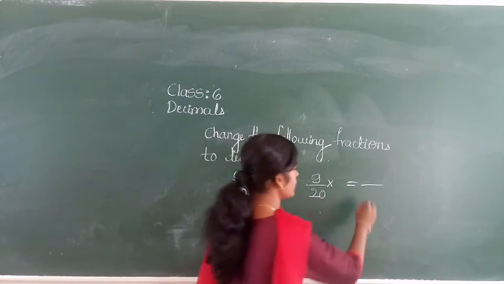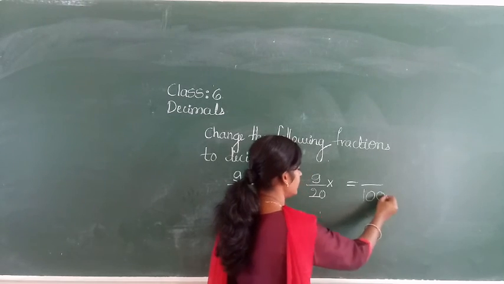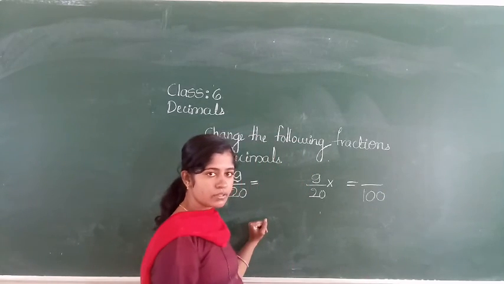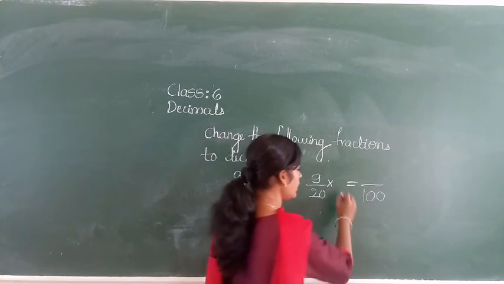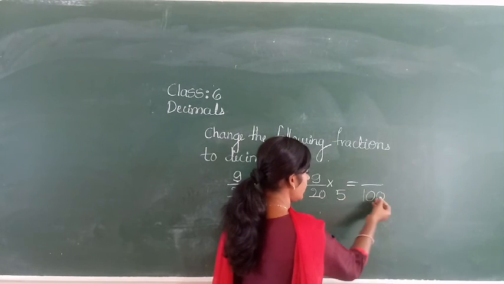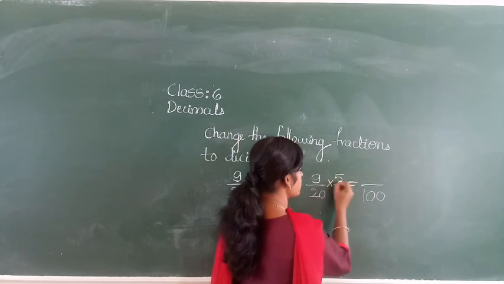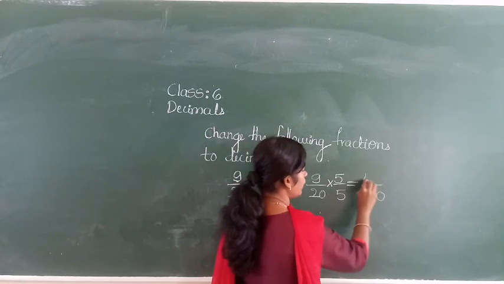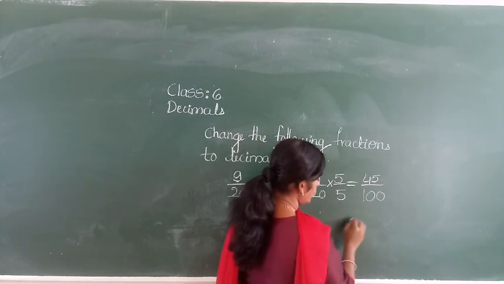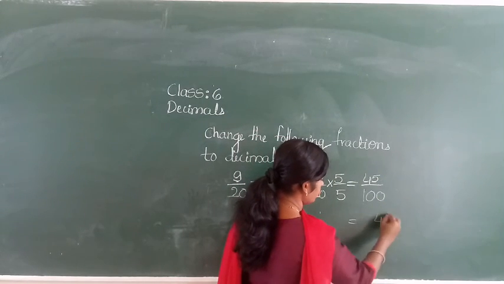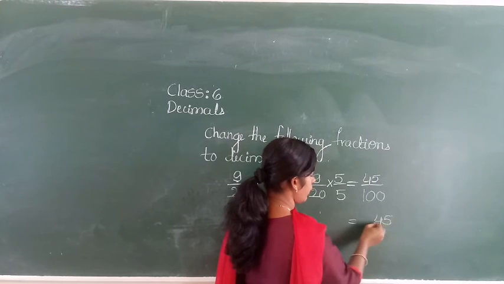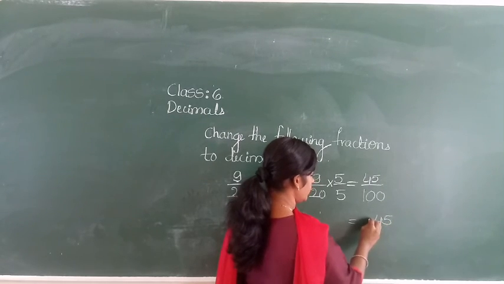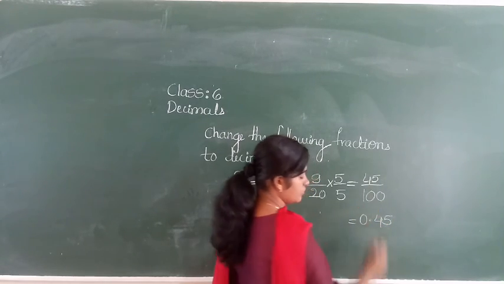I can make it a 100. Then tell me, 20 how much is 100? 20 5s are 100. Take the same as a numerator also. 9 5s are 45. Okay. Then first write the numerator 45. After 2 digits you have to give the point. 1 2 and give here the point and give here 0.